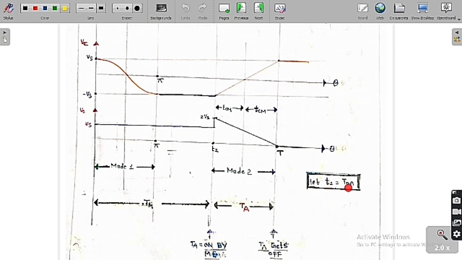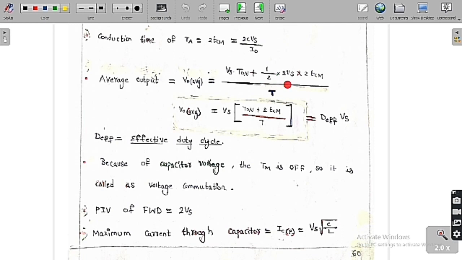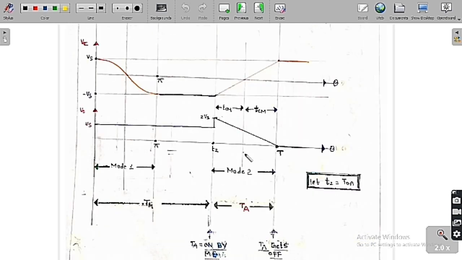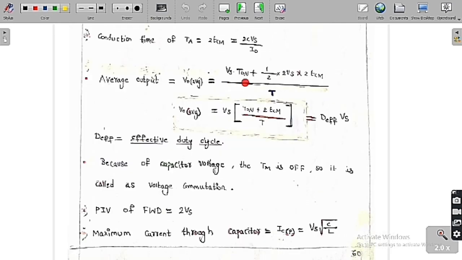So V naught average is equal to Vs into T2, which is T on, plus the area of this part, which is half into 2Vs into, over the overall time capital T. So Vs into T on plus half into 2Vs into, the overall mode 2 is 2 Tcm, so 2 into 2 Tcm, by capital T. If you solve this, we get Vs into T on plus 2 Tcm by T.